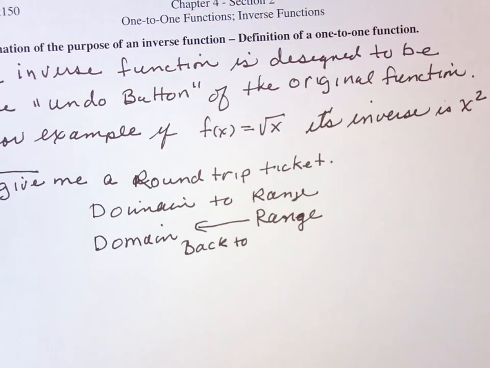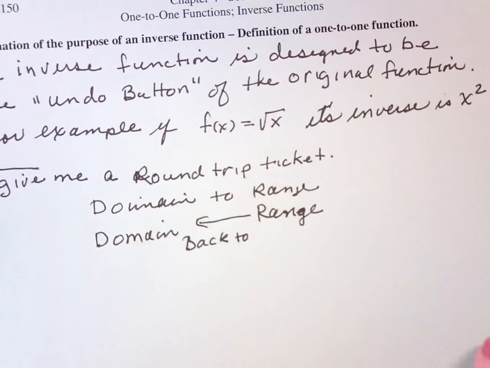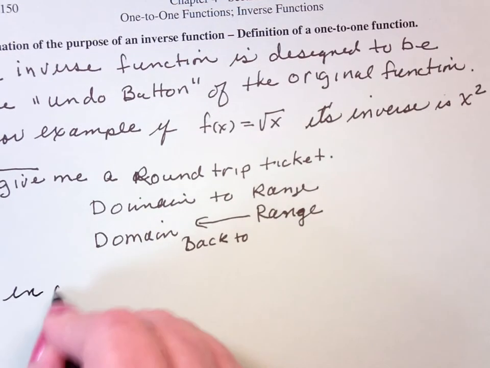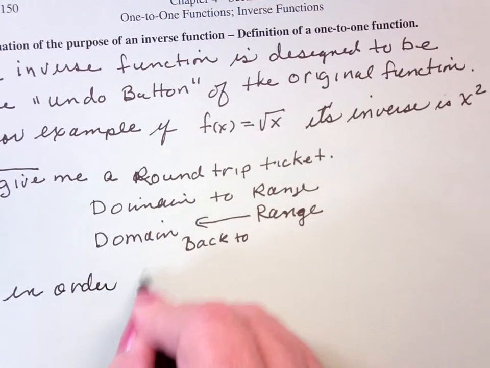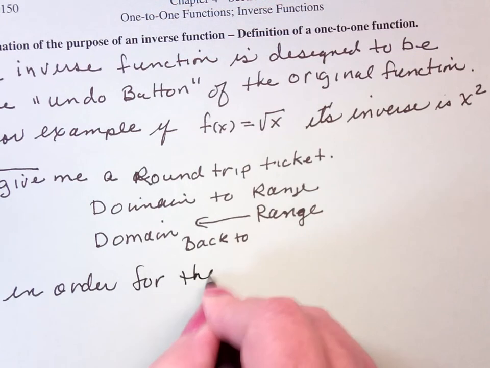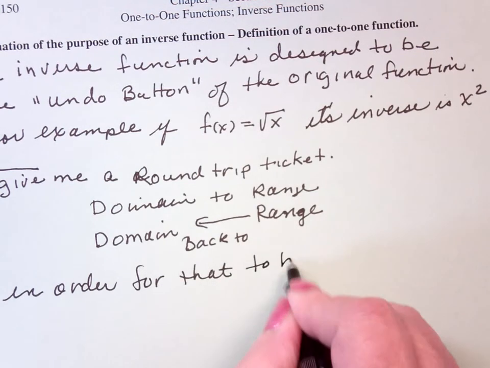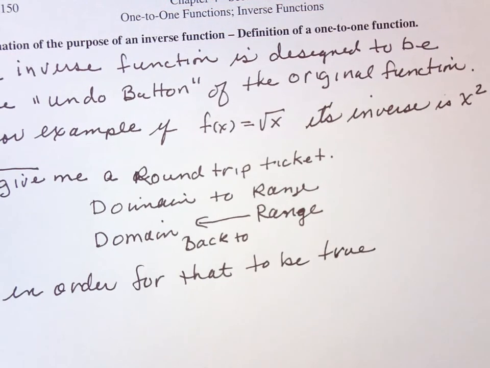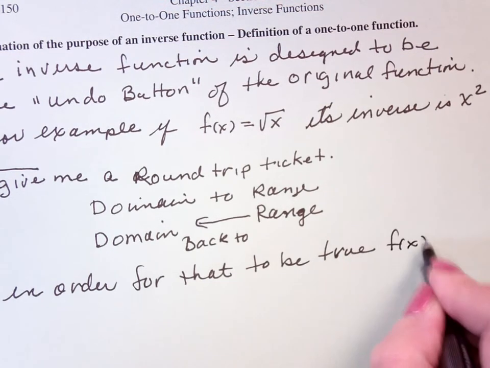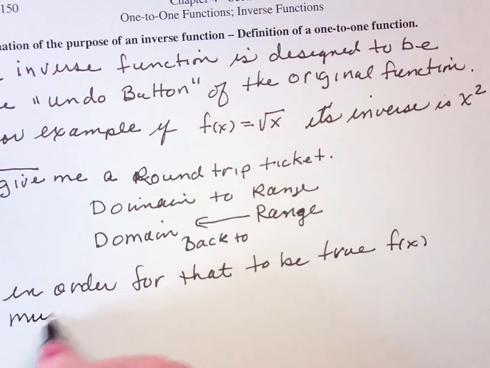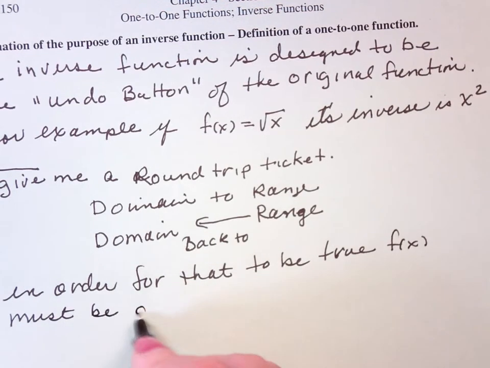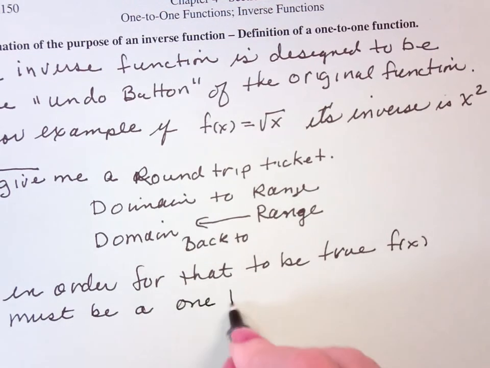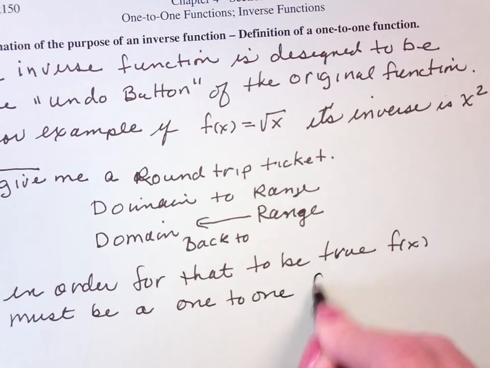Gives me a round trip ticket. Now, in order for that to be true, f of x must be a 1-to-1 function.